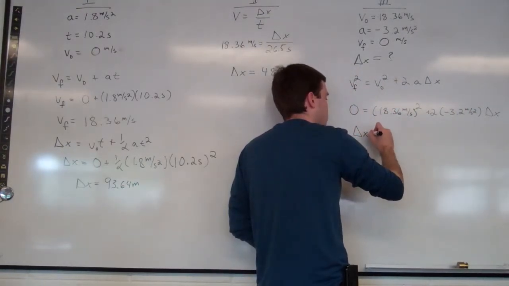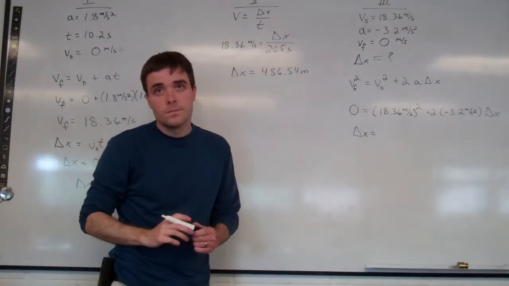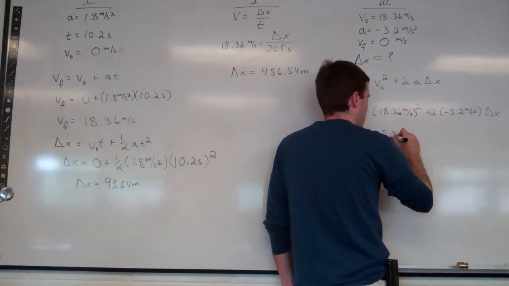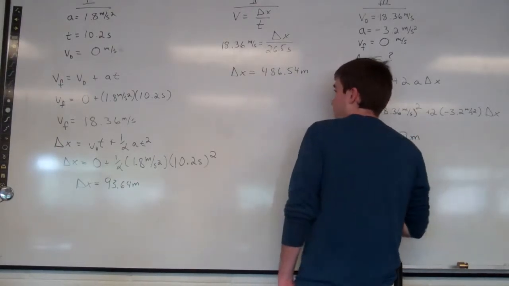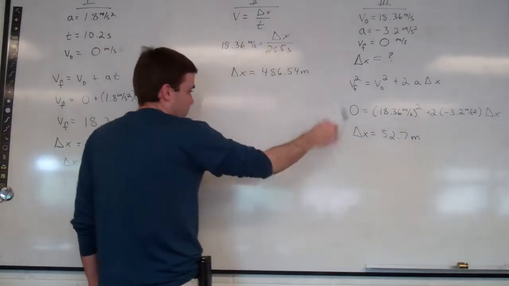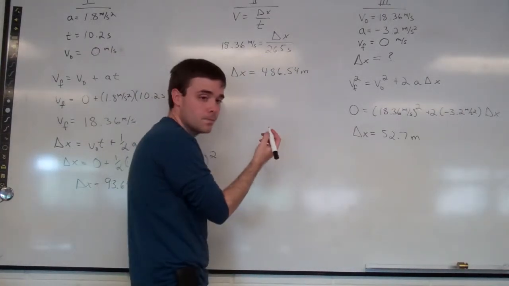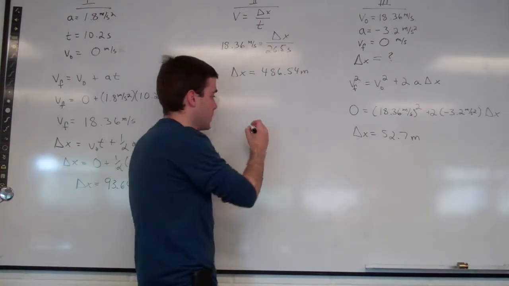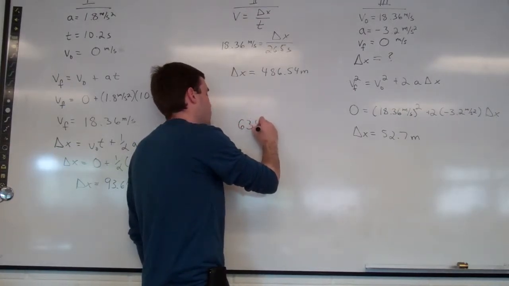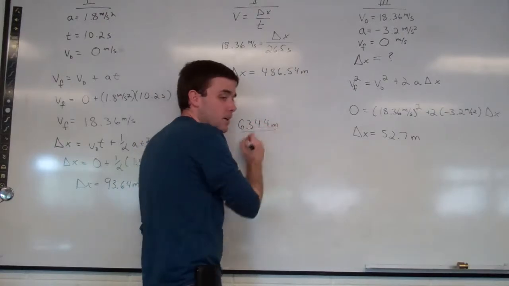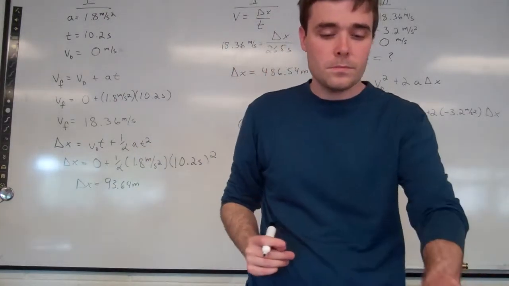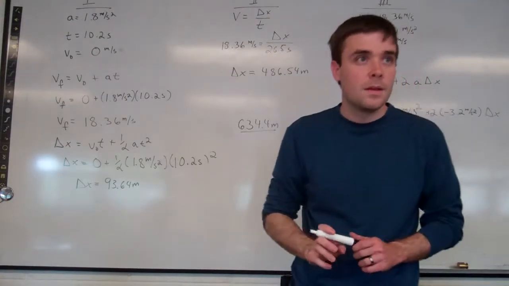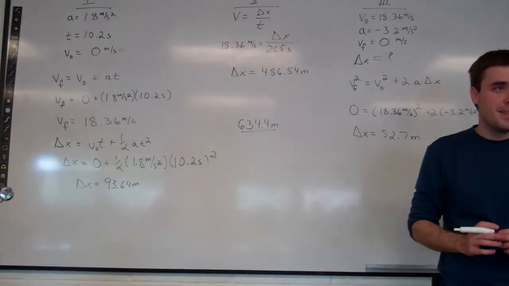And what does delta x equal? And what do we get when we add up our 3 delta x's? 634.4. So that is our answer.